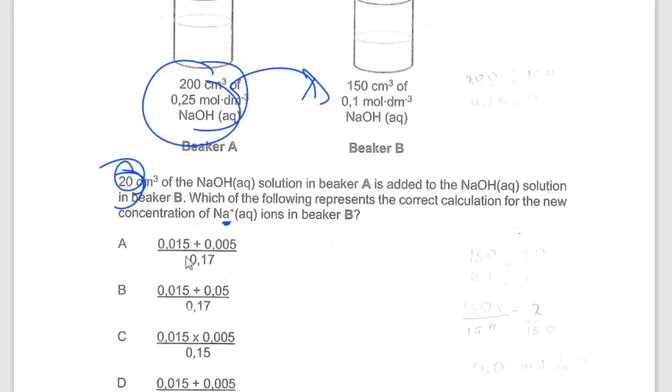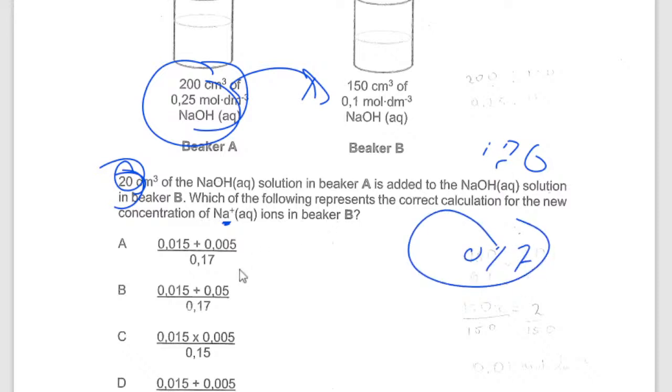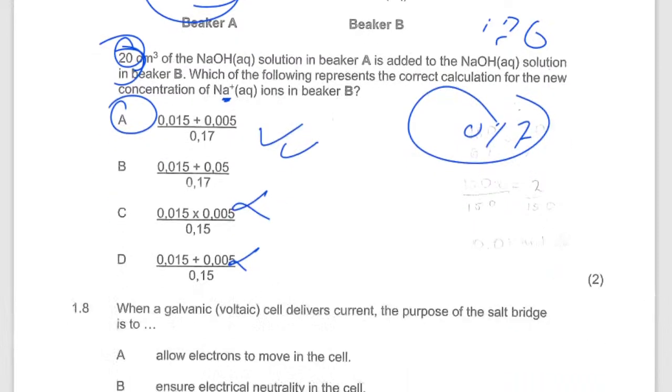So when you add this to this, you find out you have 170 cubic centimeters, and in decimeters cubed, that is 0.17. So if you don't have 0.17, this one becomes wrong. So the most correct answer becomes A.